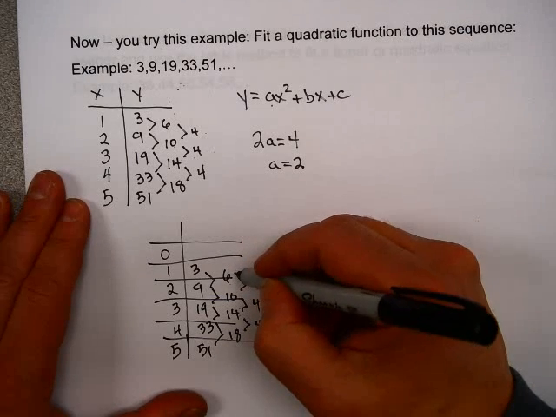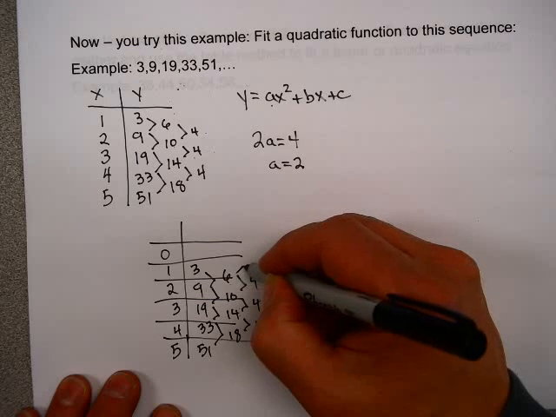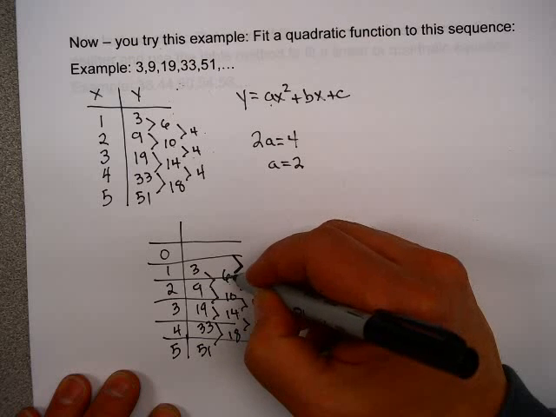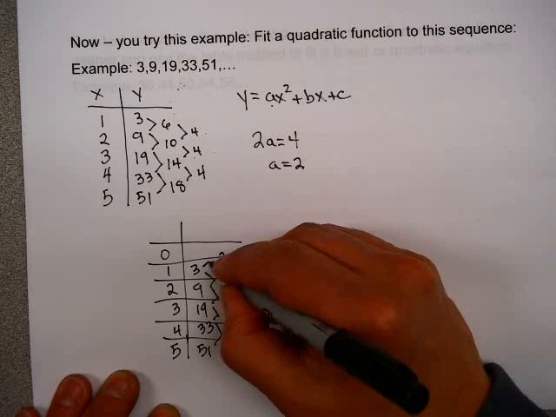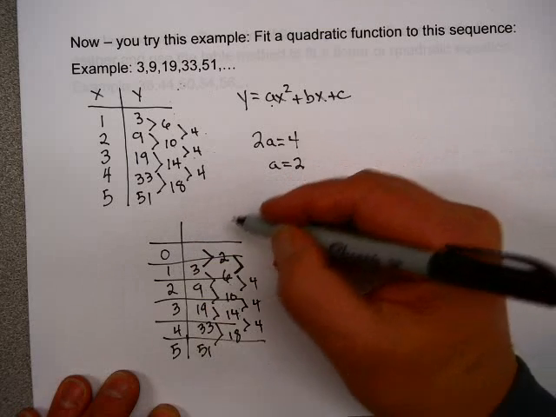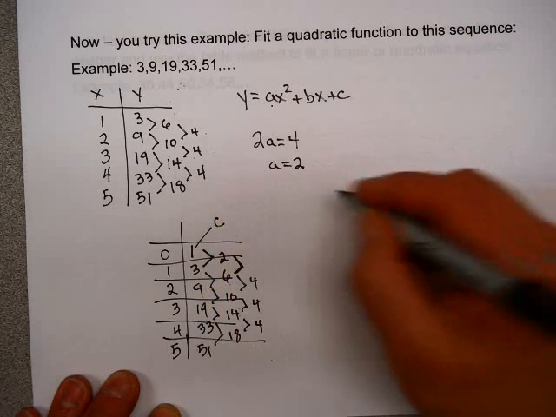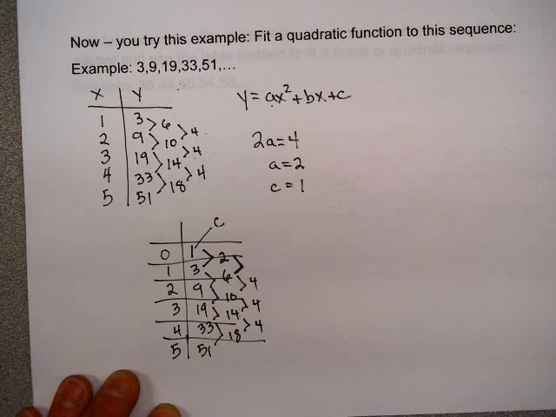Since this value is 4, this second difference has to be constant. This value, the first difference, had to go up by 4. What number plus 4 is 6? That would be 2. Since the first difference is a difference between the 0 input and the 1 input, it'll go up by 2. That would be 1. This value is C. So far, I have A equals 2 and C equals 1.